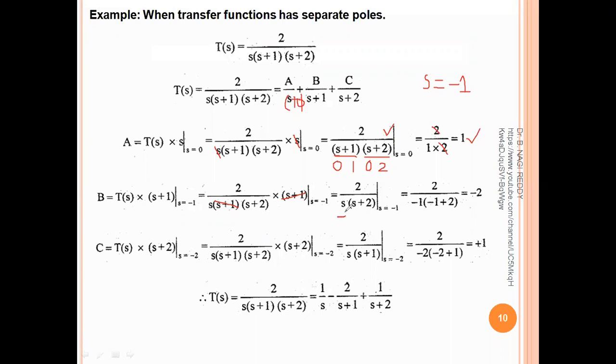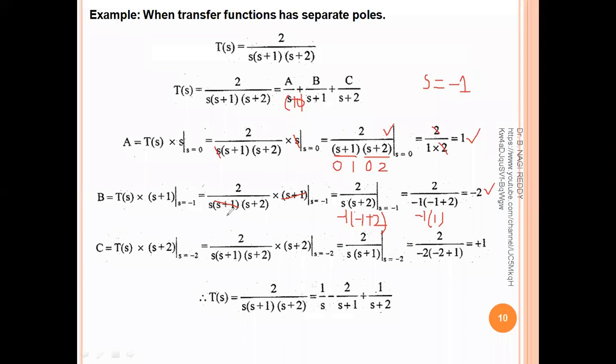Now substitute S as minus 1. Here it will be minus 1, and minus 1 plus 2 gives 1. So minus 1 into 1 is minus 1, and 2 by minus 1 gives minus 2. So this is the B value.